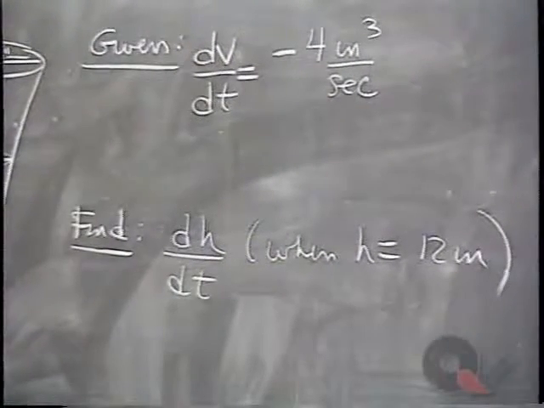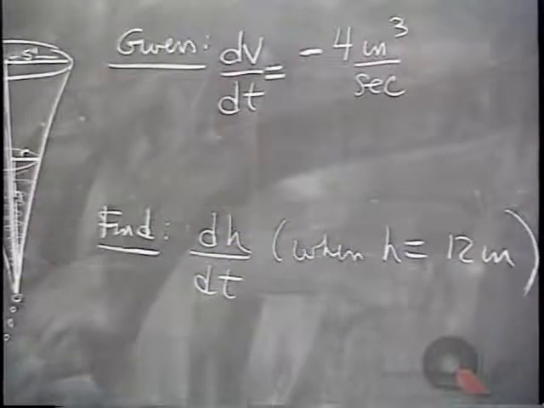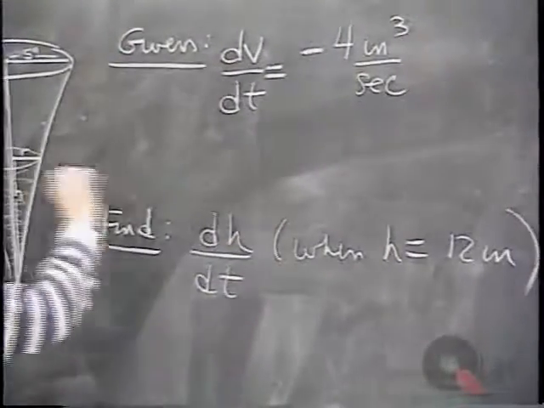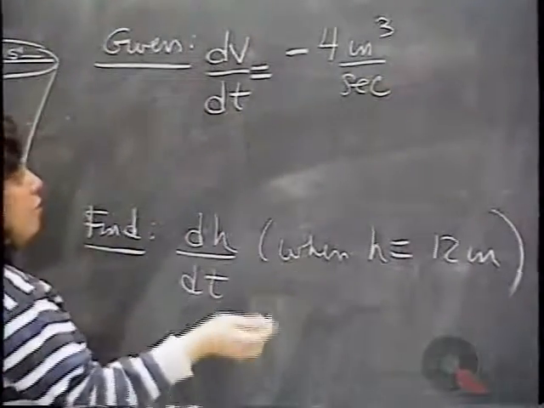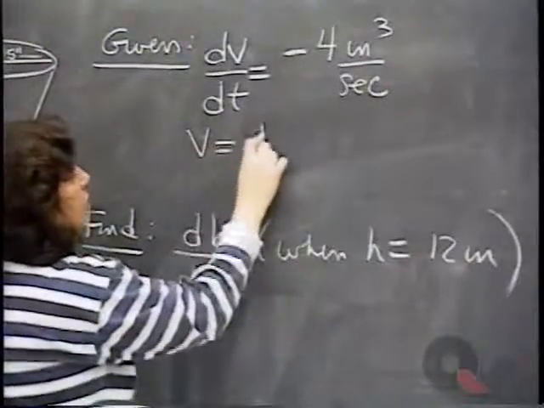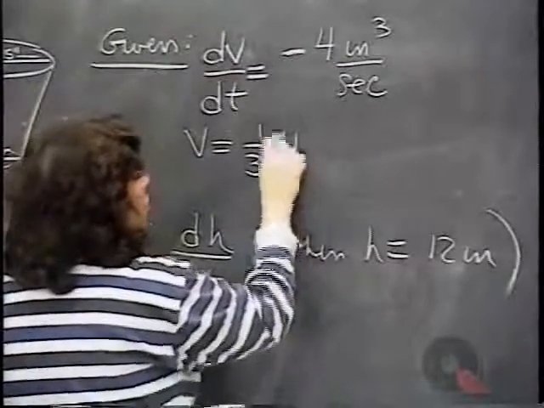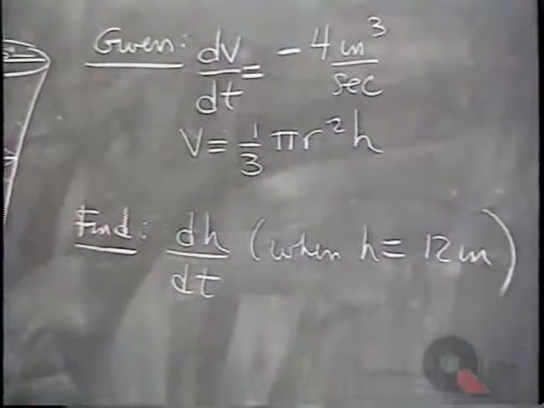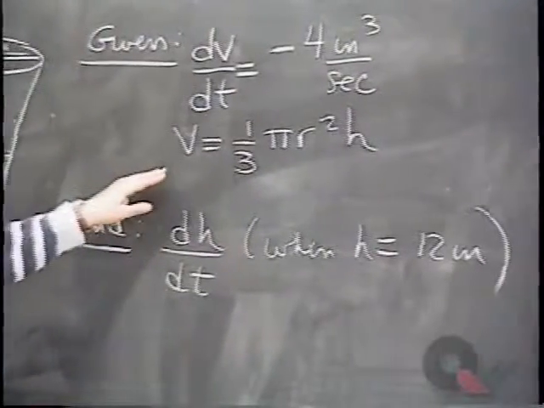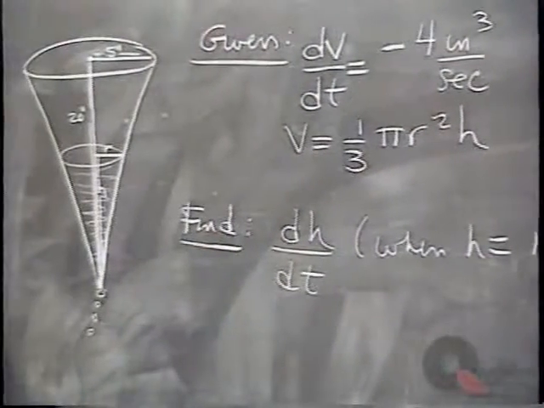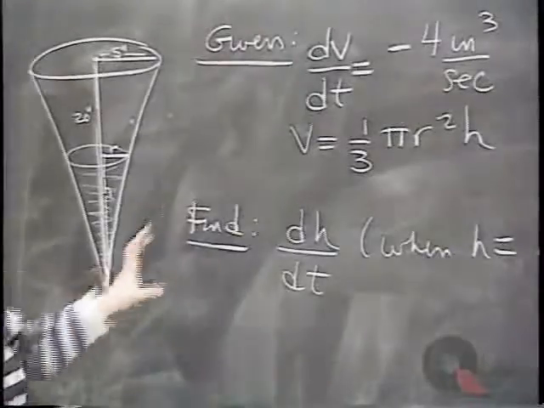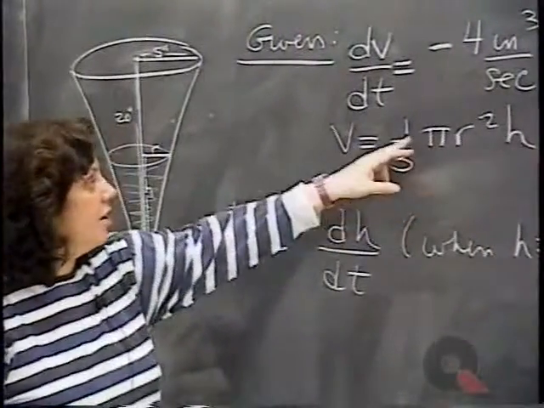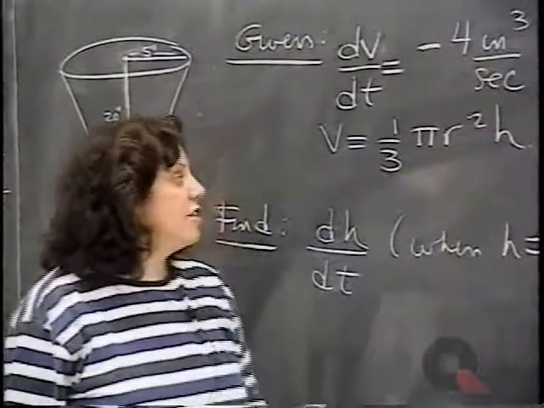An ideal situation would be having an equation that linked V and h. We have a less than perfect situation here because the relevant formula is the formula for the volume of the cone, V equals 1/3 pi r squared h. This formula will be derived later this semester in your calculus classes, but for right now, I'm asking you to believe that the volume of a cone is 1/3 pi r squared h, where r is the radius of the cone and h is the height.